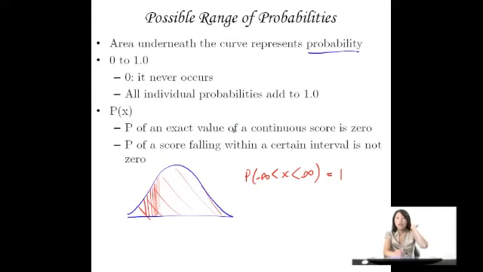So for instance, the probability of height being 60 on the dot is actually 0 in a normal distribution because it's a density distribution. It's not about frequencies, it's about probability density. And so what we're really interested in is the probability of a score falling within a certain range. And that probability is not 0. And it actually doesn't matter how far out here you get, that probability is not actually 0. It might be like 0.00000000001, but it's not 0.